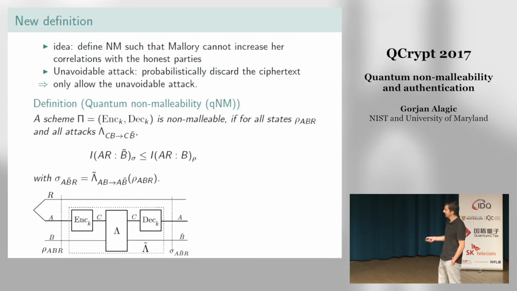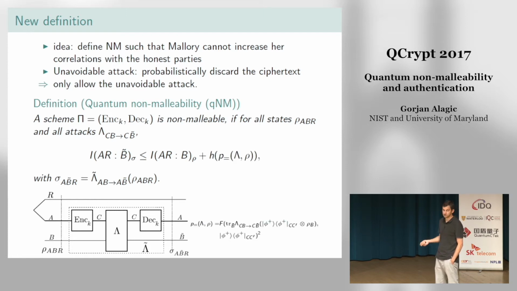And for all attacks lambda that Mallory applies, it should be the case that this averaged effect on the plaintext that she performs has this property: the correlations between her final side information register and what the good guys are holding are no more than her correlations were at the beginning. Okay?